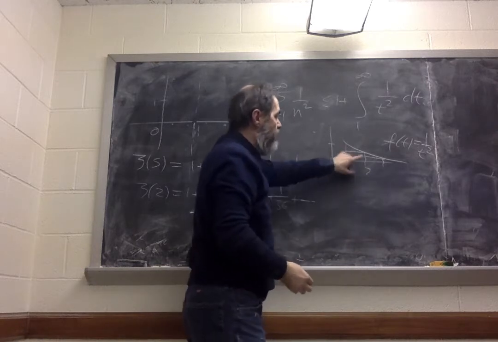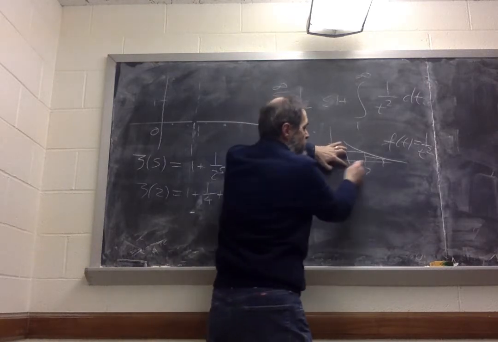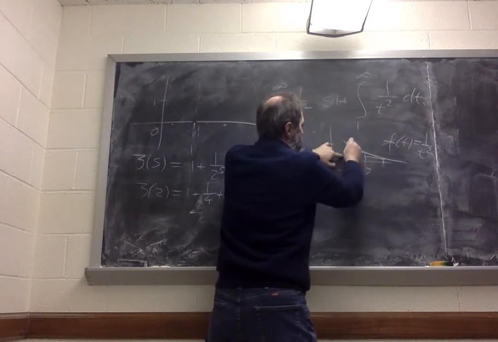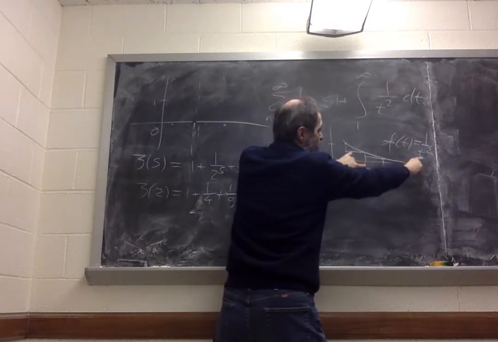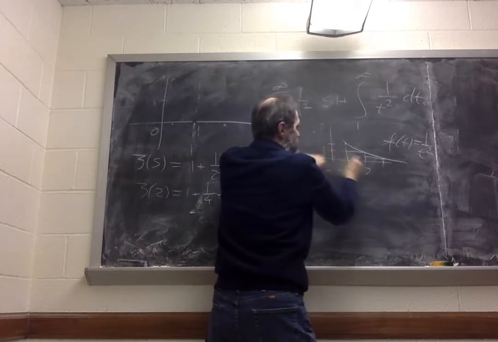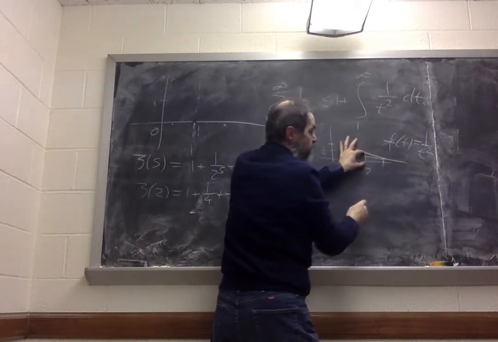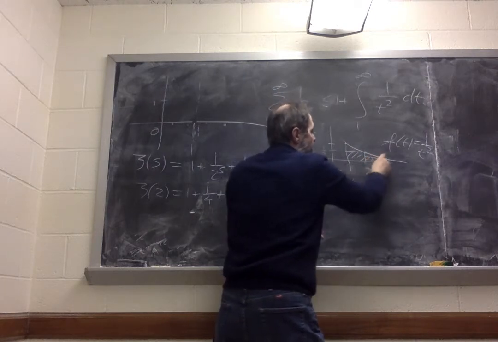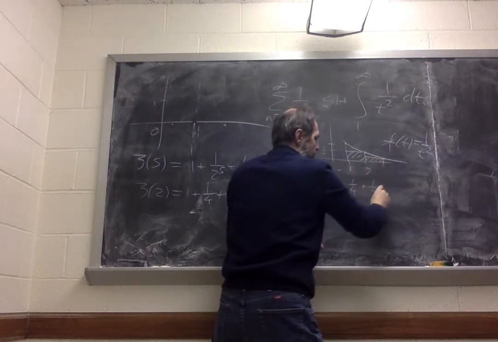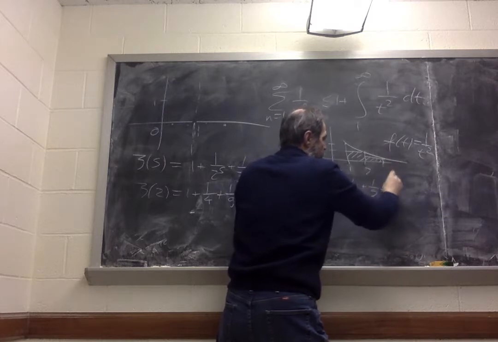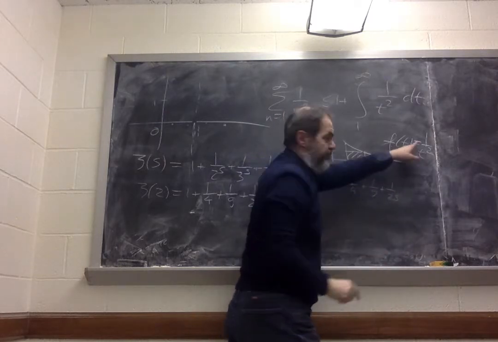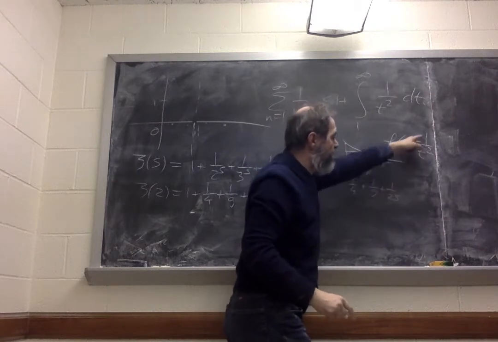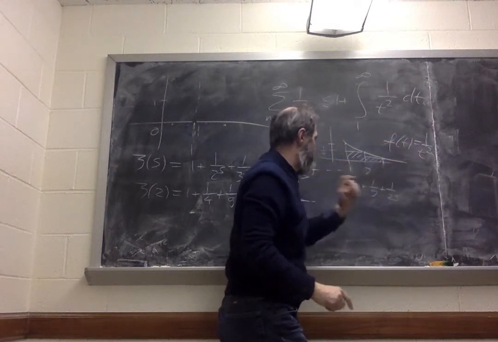Now, what's the area of these rectangles? From 1 to 2, but what are the values? f of 1 is 1, and f of 2 is 1 over 4. So this length is 1 over 4, so this area is 1 over 4. The next area is 1 over 9. The next area is 1 over 16, because these are the consecutive values: f of 2, f of 3, f of 4, 1 over 2 squared, 1 over 3 squared, 1 over 4 squared, and so on.